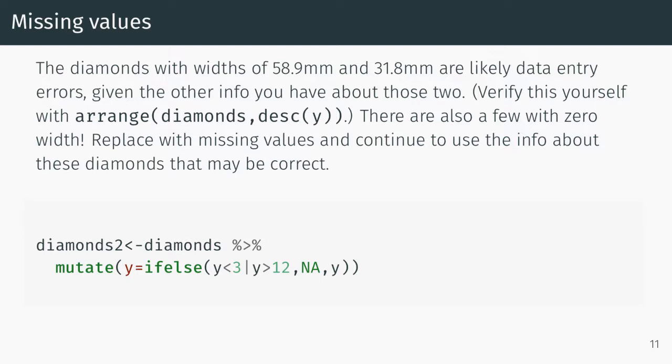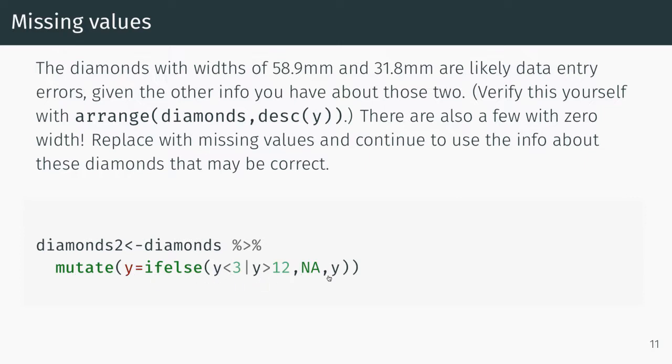And if you use the command arrange diamonds descending y, you'll see that these two diamonds have very small prices associated with them. So obviously they're not really 58 and 31 millimeters wide. They're data entry errors. There are also a few with 0 width, and obviously a diamond isn't going to have a width of 0. So you can replace these with missing values and continue.